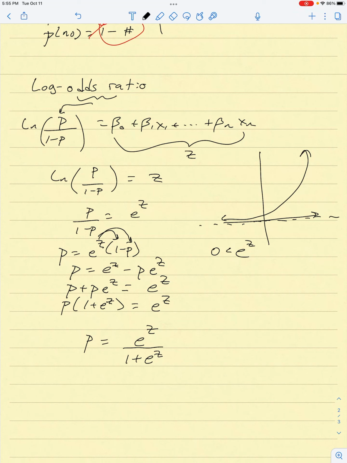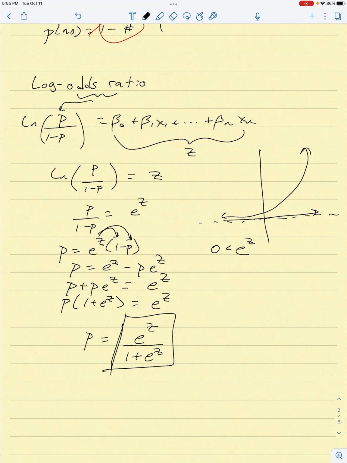So e to the z will always give me a number bigger than 0. Okay? So we have that piece taken care of. Now what we want to check is that this gives us a number between 0 and 1.